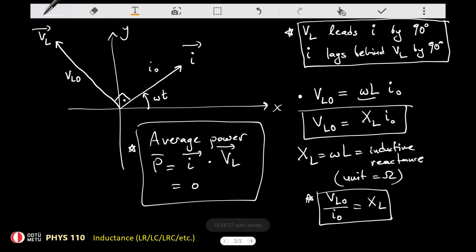So the first important relationship is the phase difference in here. The second one is the reactance, the relationship between the amplitudes. By using this, once I know the current as a function of time, I can find the potential drop as a function of time. And the third thing is, of course, the fact that the average power on an inductor is equal to 0.